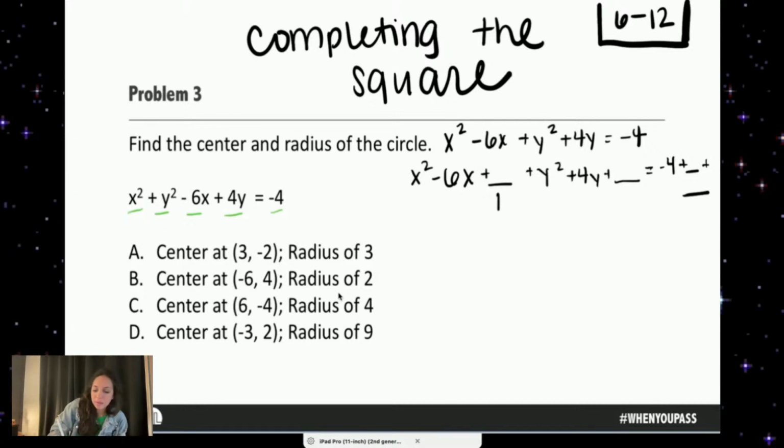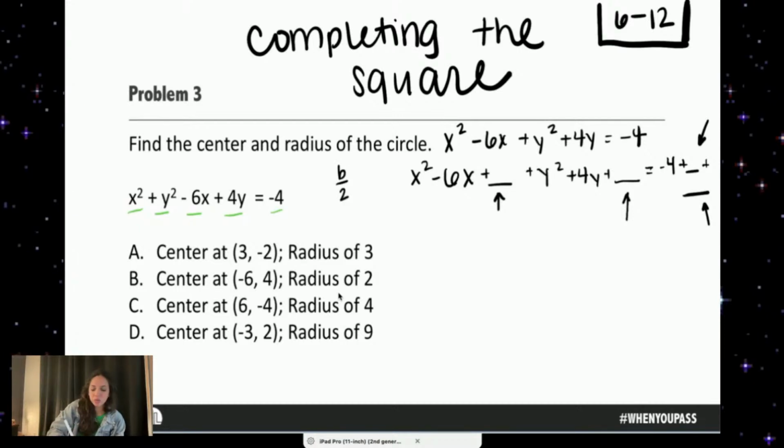So if I'm adding a plus blank here, I need to add a plus blank here. And if I'm adding a plus blank here, I have to add, not erase, I have to add a plus blank here. Now, what goes in that blank?